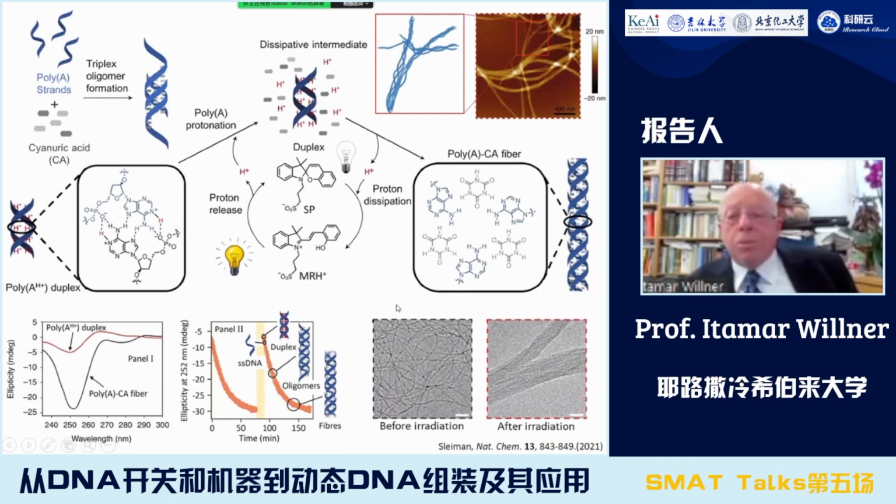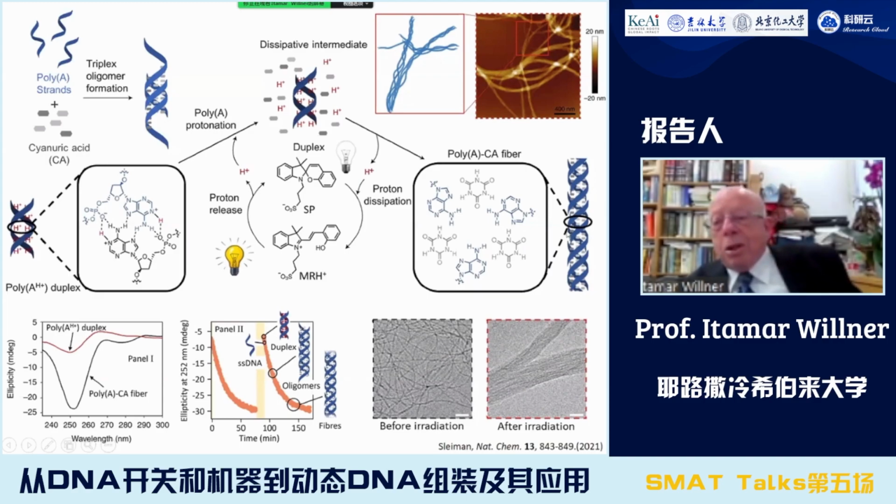But if we have cyanuric acid in the medium, non-protonated adenine and cyanuric acid form a supramolecular complex that assembles into polyadenine-cyanuric acid fibers. You can see here the fibers.